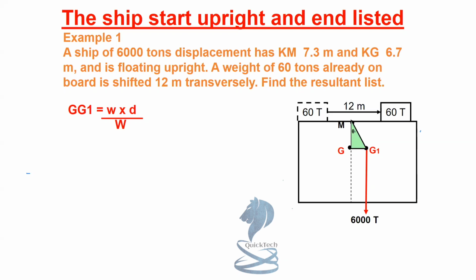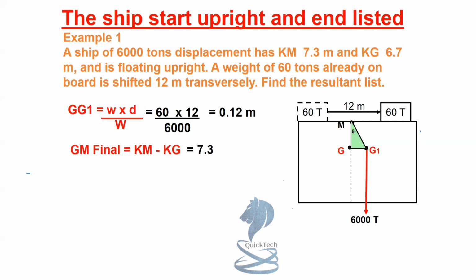Thereby GG1 is equal to small w, the weight shifted, into d, the distance shifted, divided by W, the displacement, that is 60 into 12 divided by 6,000, which is 0.12 meters. Now we know that GM final is equal to KM minus KG, which is 7.3 minus 6.7, equal to 0.6 meters.